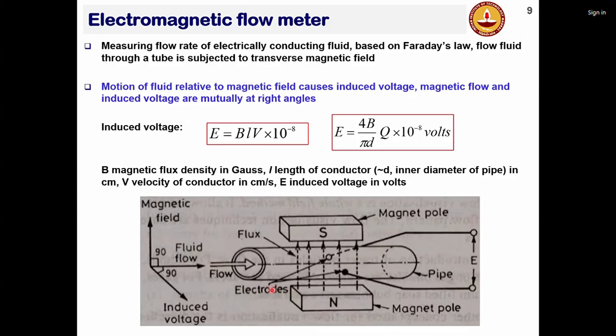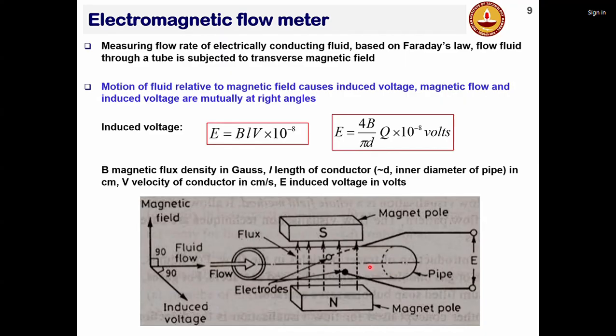So let us then talk about the electromagnetic flow meter. This is the schematic that explains the construction of an electromagnetic flow meter. Typically, you have a tube through which the flow is happening, shown here. This is the cross section of the tube, and this is the direction of the flow.